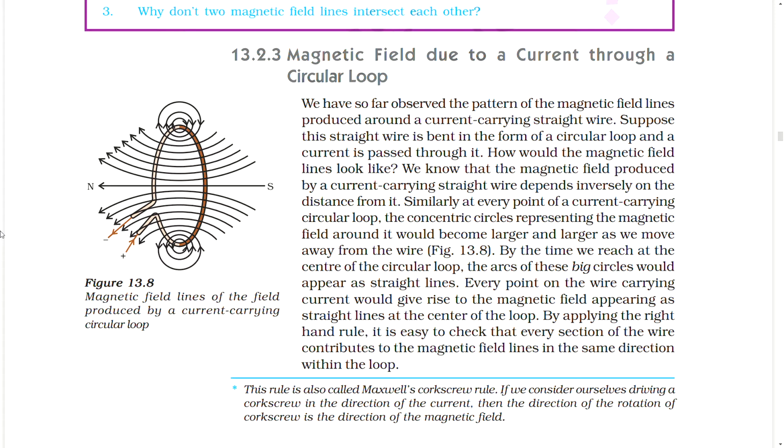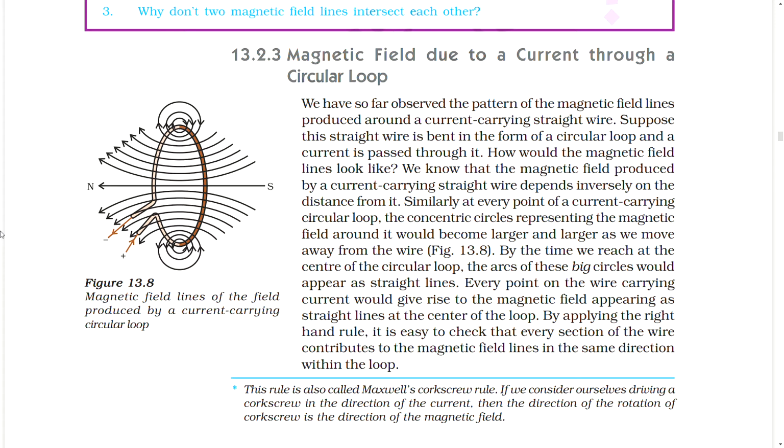We know that the magnetic field produced by a current carrying straight wire depends inversely on the distance from it. Similarly, at every point of a current carrying circular loop, the concentric circles representing the magnetic field around it would become larger and larger as we move away from the wire, figure.